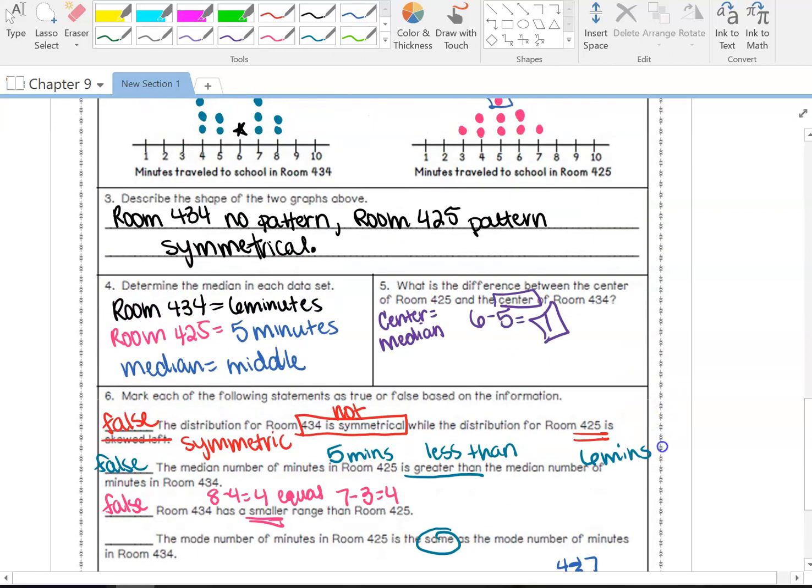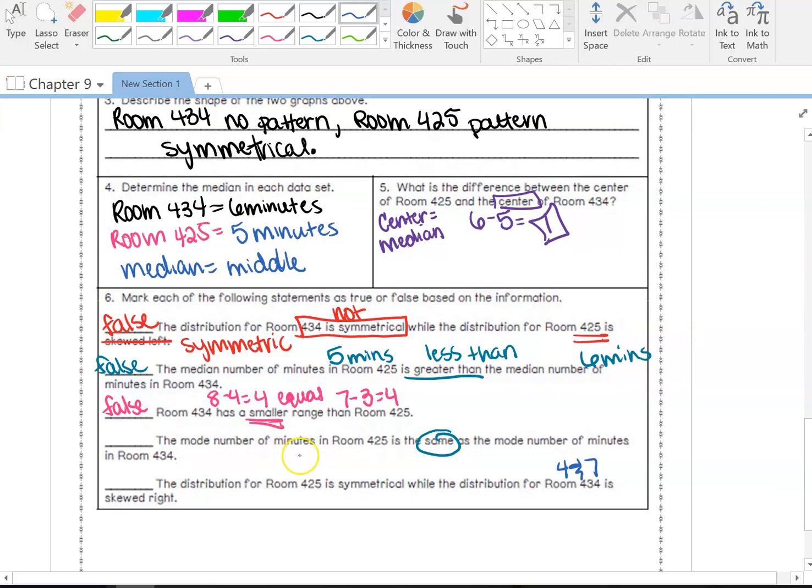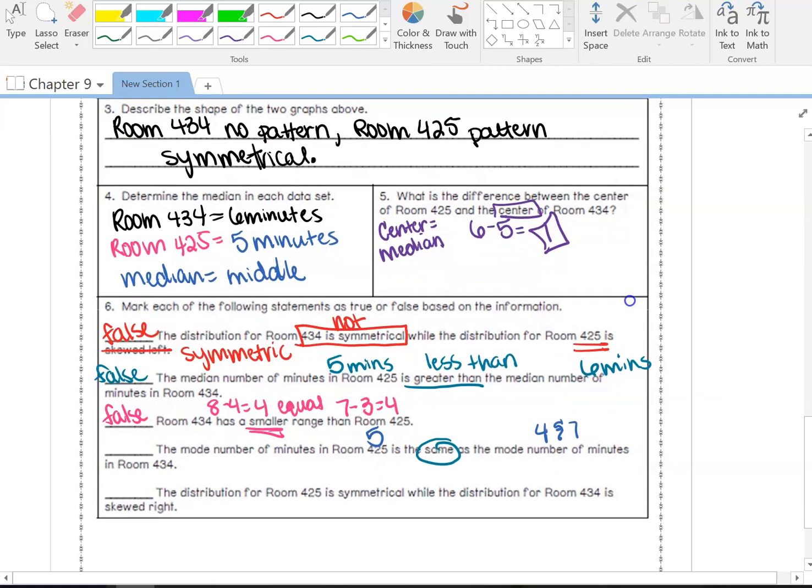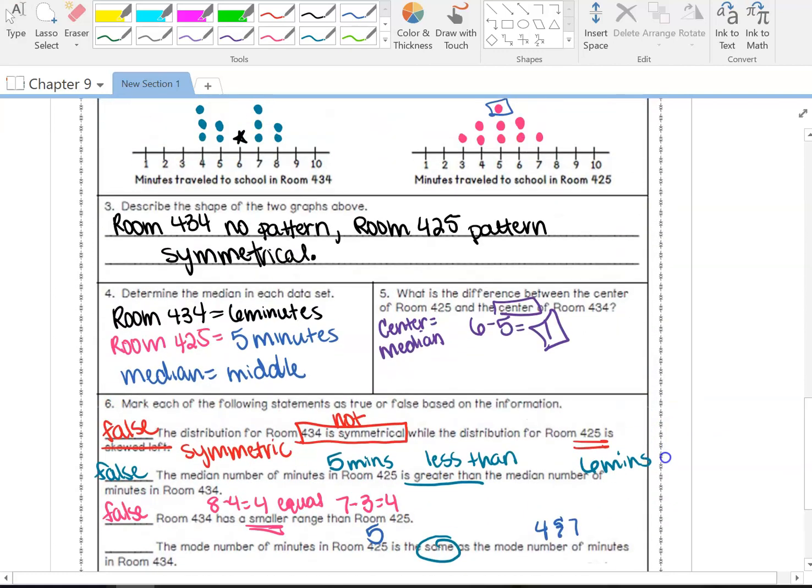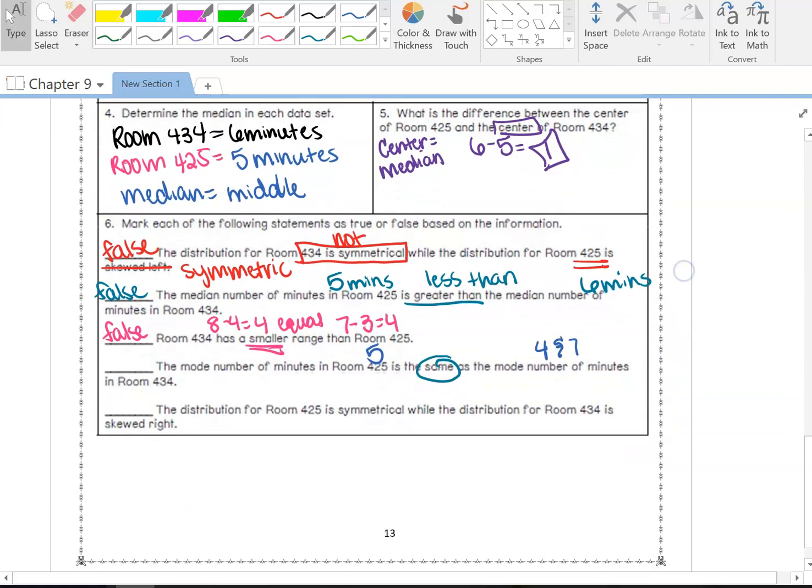And then 425, the mode is 5. Oops, I'm on the wrong one. Let me erase that and go back up. 4 and 7, and this one is 5. Okay, so this is false.